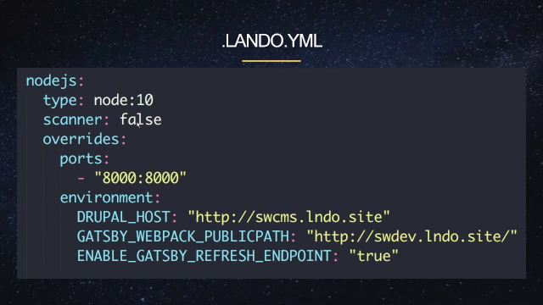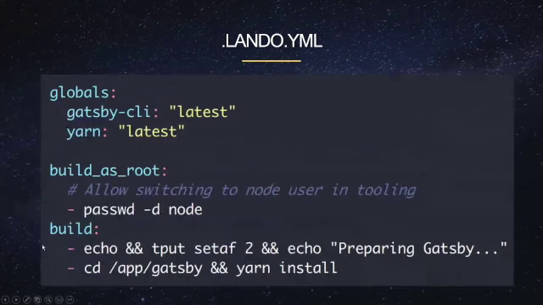We want to be able to use that on our local machine, port 8000. So that forwards it out. So I can actually go to localhost 8000, just like the Gatsby docs tell you to do when you want to access your site in development mode. And this will just let you do it.